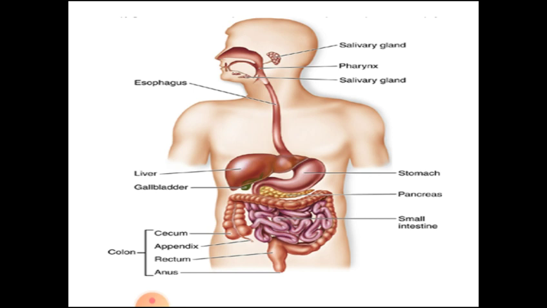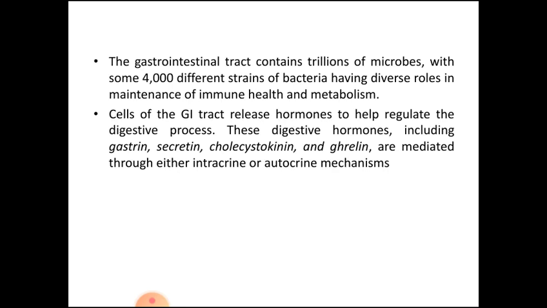When we come down, there are the pharynx, esophagus, stomach, pancreas, liver, gallbladder, and then down to the small intestine, which gradually converts to the large intestine, or colon. The colon contains the cecum, appendix, rectum, and at the end is the anus.